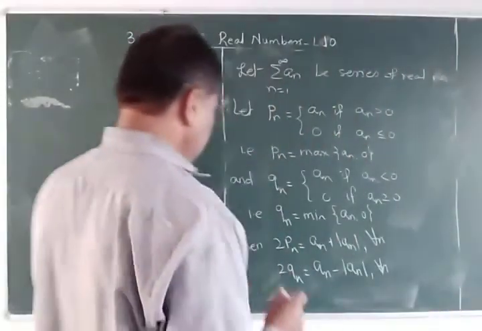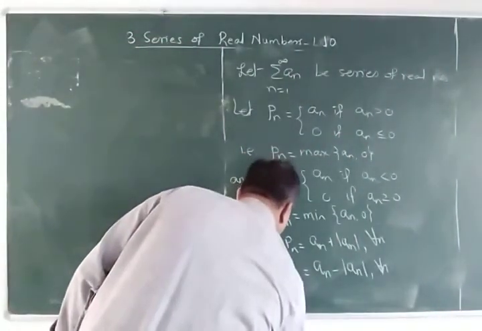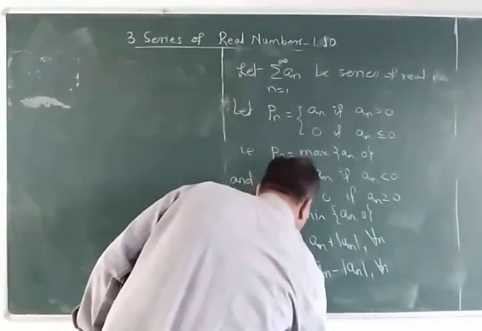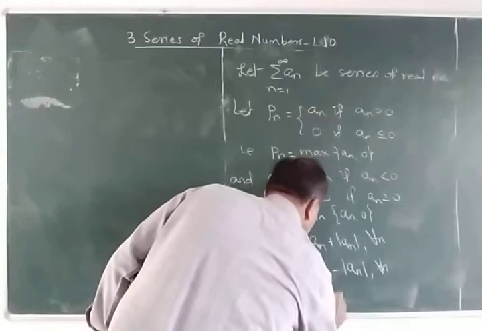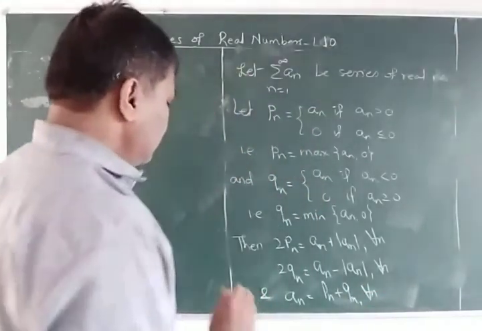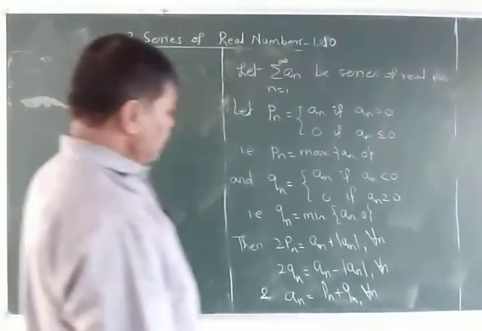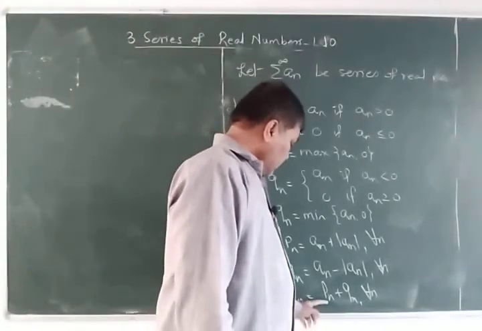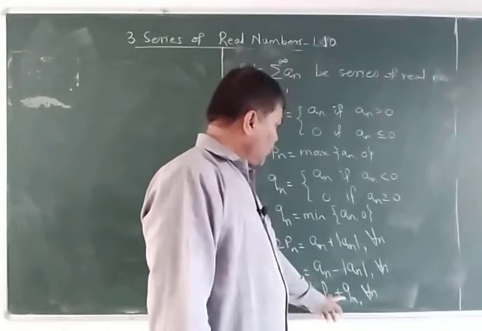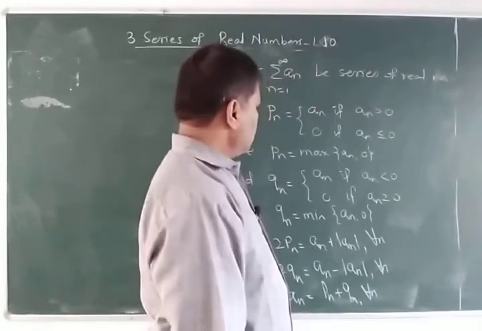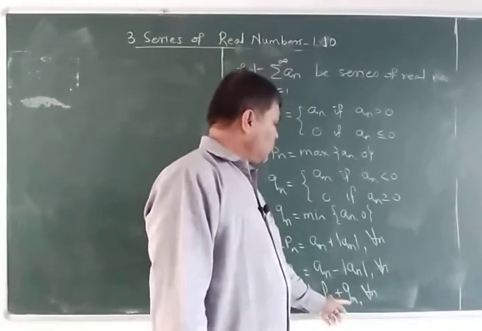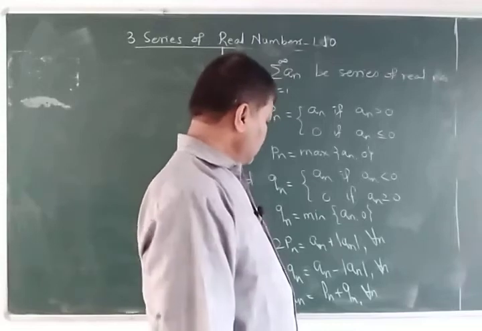And a_n is equal to P_n plus Q_n for every n. So if a_n is a positive number, then your Q_n is 0 and a_n takes the P_n value.